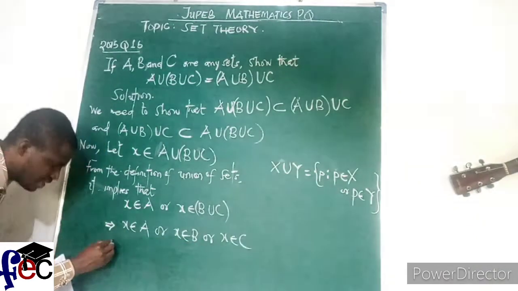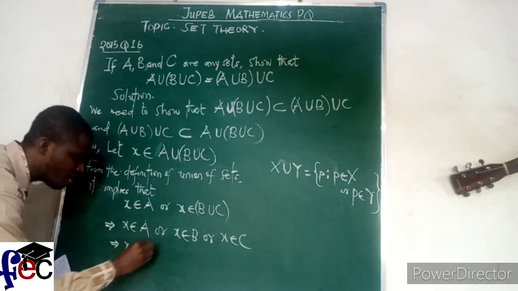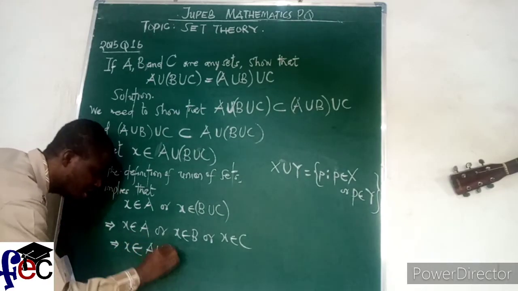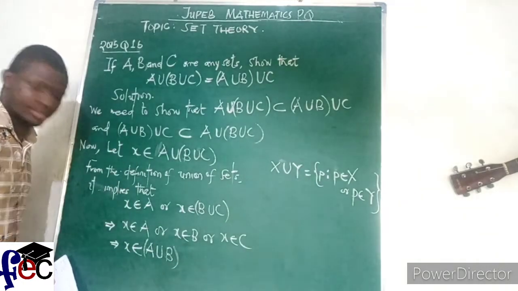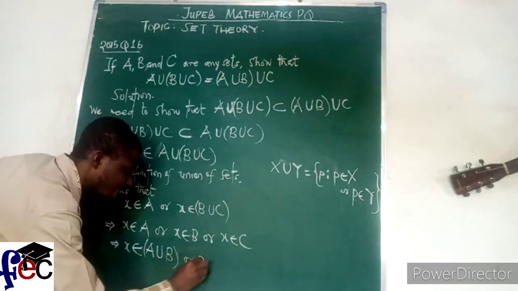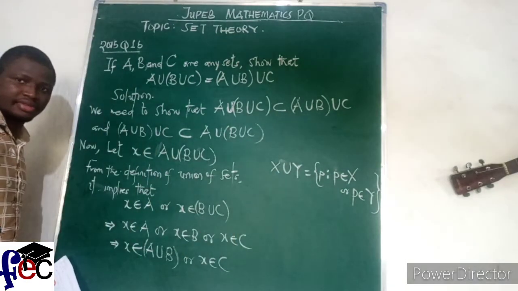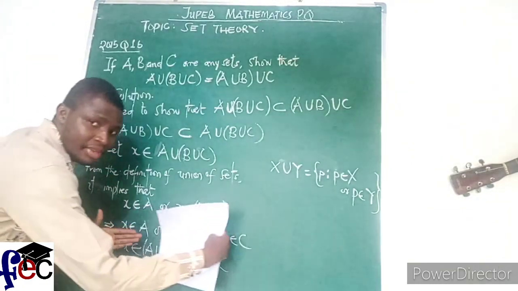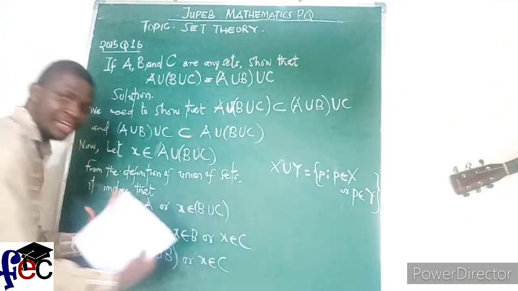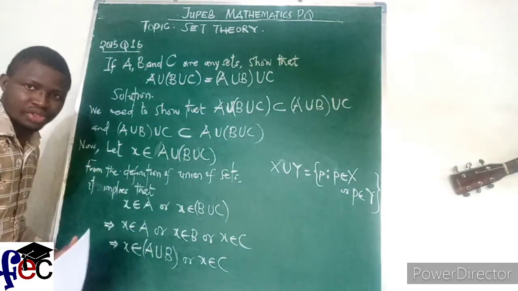Just these two. This will imply that X is a member of A union B. Do you agree with me? Yes. Or X is a member of C. Do you see what I did? I split them and I did a recombination, still using the definition of union of two sets.